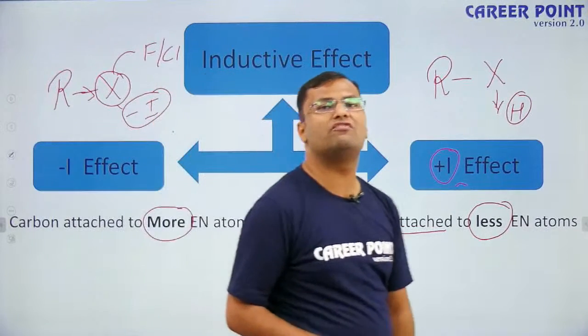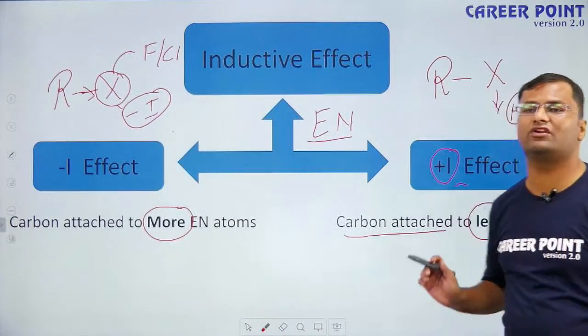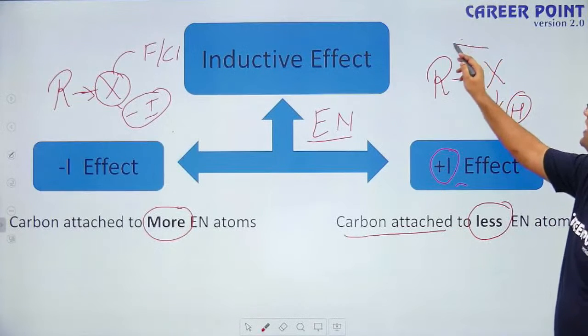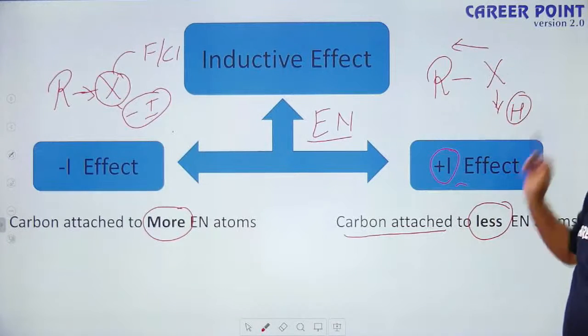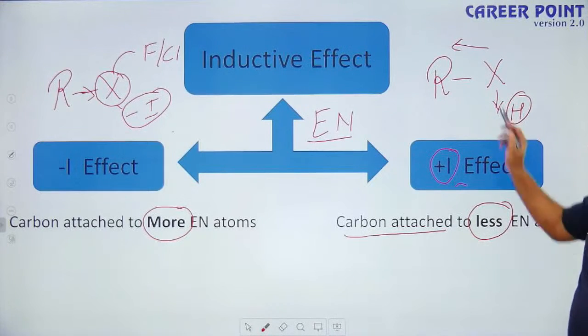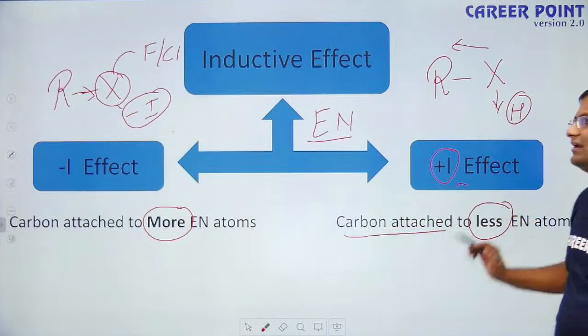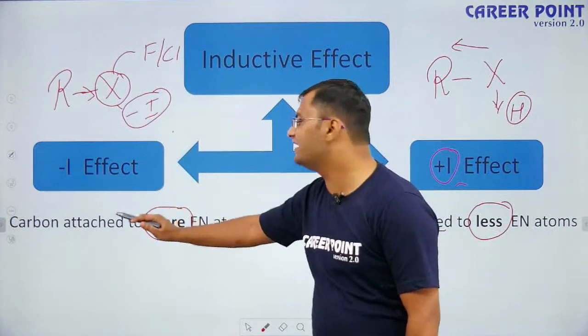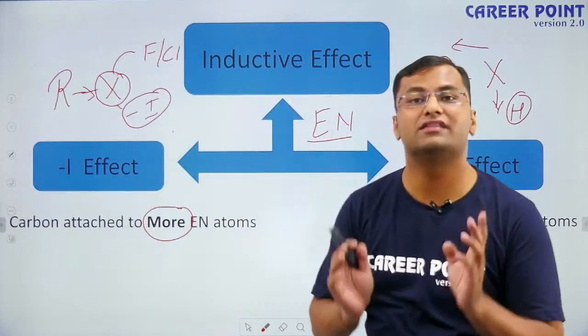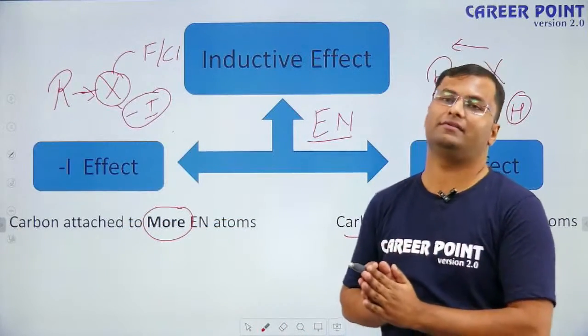Here the shifting of electrons takes place due to the difference in electronegativity, and this carbon is taking the electron of this X. So the plus I effect happens when carbon is attached to a less electronegative atom, and the minus I effect happens when carbon or alkyl atom is attached to a more electronegative atom.